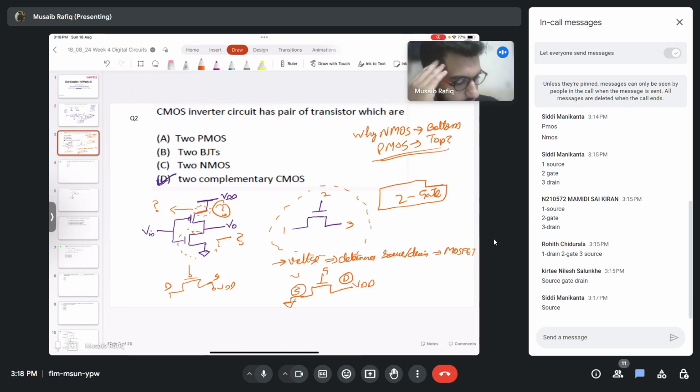This is the CMOS inverter we established, and it's made up of a PMOS and NMOS, where PMOS is connected here and NMOS at the bottom. Then I showed you that in a MOSFET the source and drain are different based on the voltages applied to them. In NMOS, if a terminal has a higher voltage, it's the drain, and the other terminal is the source. But now my question is why we connect PMOS at the top and NMOS at the bottom. What is the logic behind it?